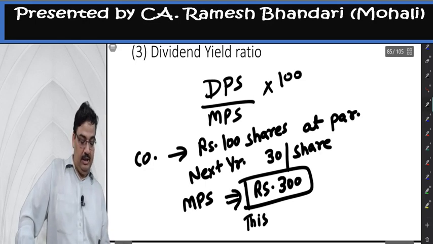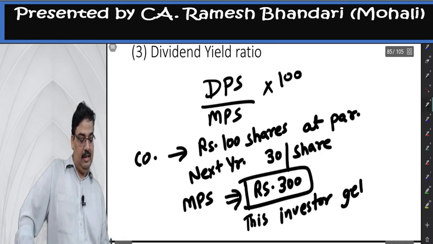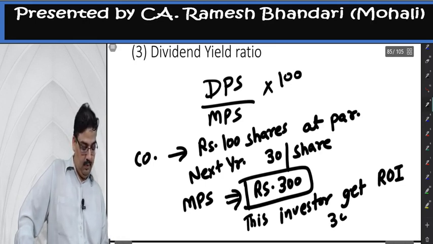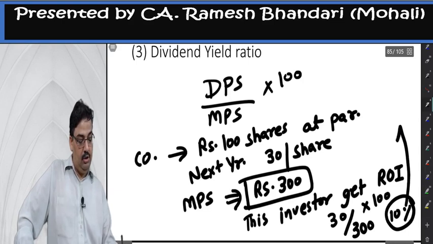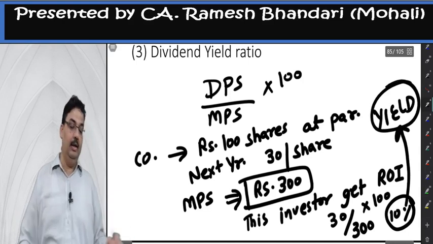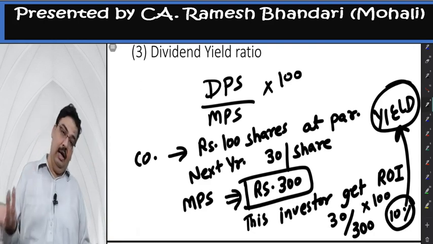This investor gets an ROI of 30 on 300 rupees invested, 10% only. This is called yield for that investor. Dividend yield when you are taking dividend. If you are using earning, it is earnings yield.